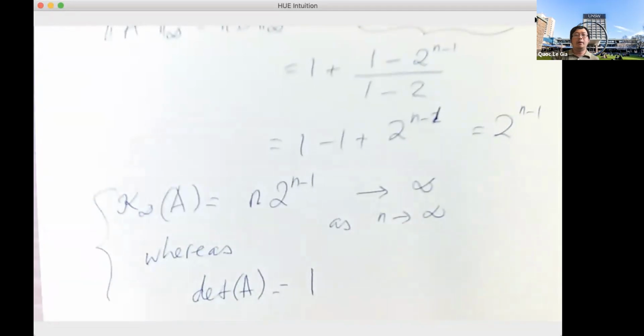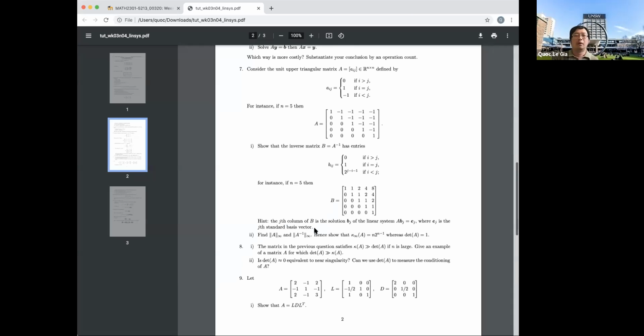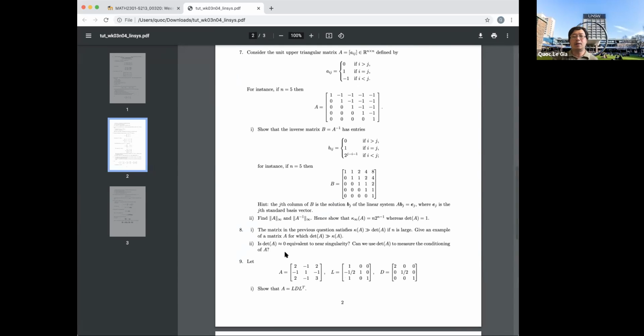So now if we go back to the problems, we showed that the condition number is n to the n minus 1, and the determinant is 1. But now the next question is, can you give an example of a reverse situation?